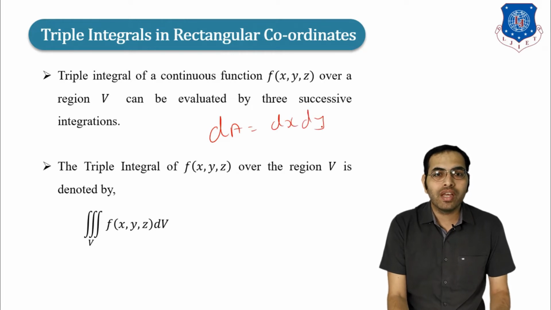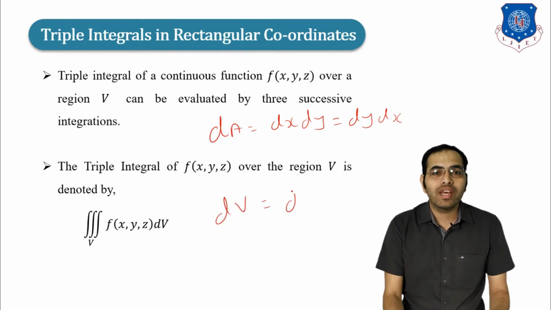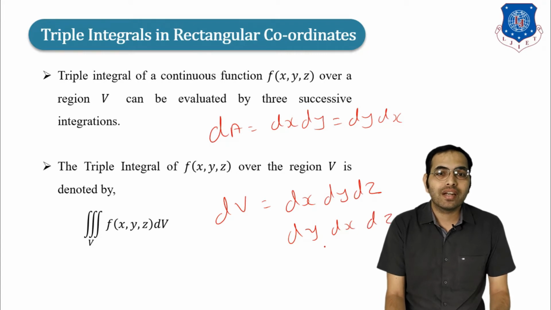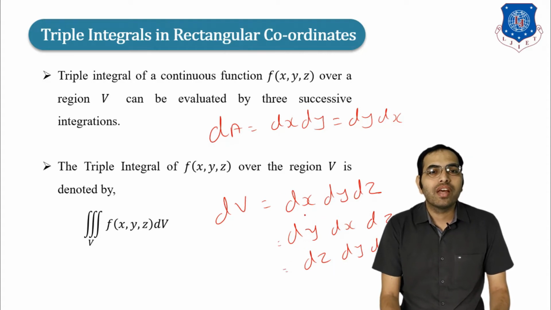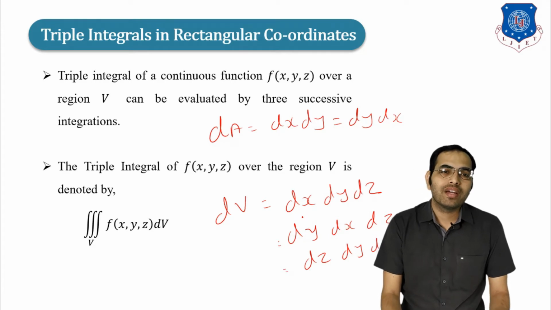Whenever we use dA, we write a double integral with dx dy or dy dx. Whenever we use dV, we can write dy dx dz, dx dz dy, or dz dy dx, etc. Then whenever we use dV, it is dx dy dz.